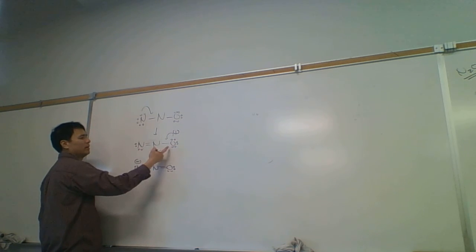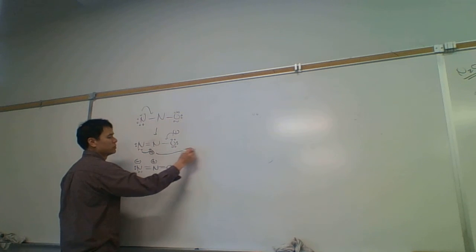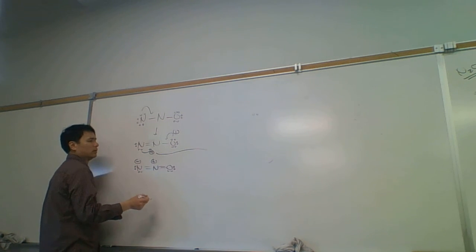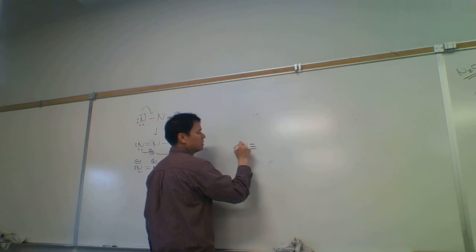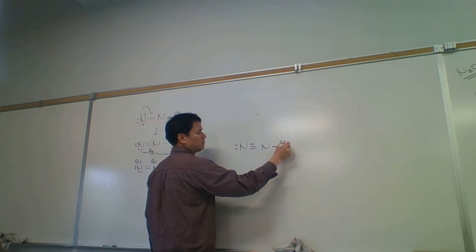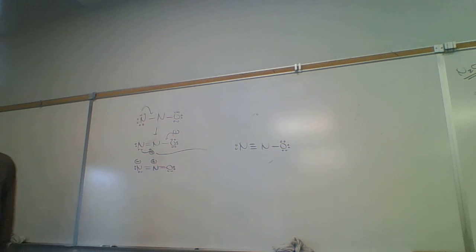However, let's say rather than the oxygen sacrificing, let's say the nitrogen sacrifices. So we'll go to choice 2. We'll make that over here. And so let's say nitrogen sacrifices another lone pair to make a triple bond. We end up with this structure. The good thing about this structure is everybody has an octet.